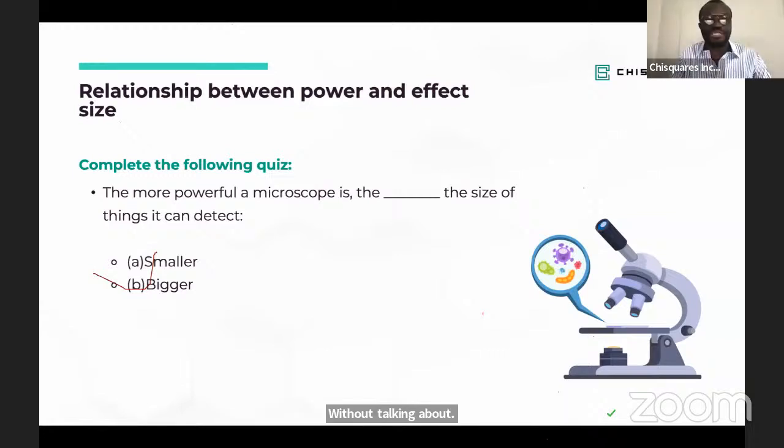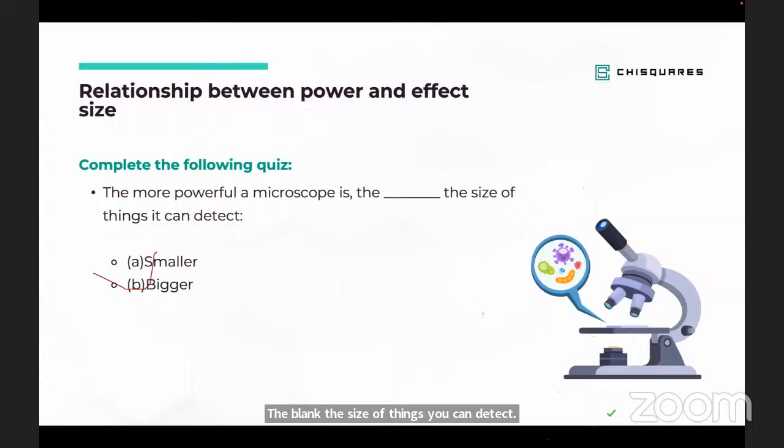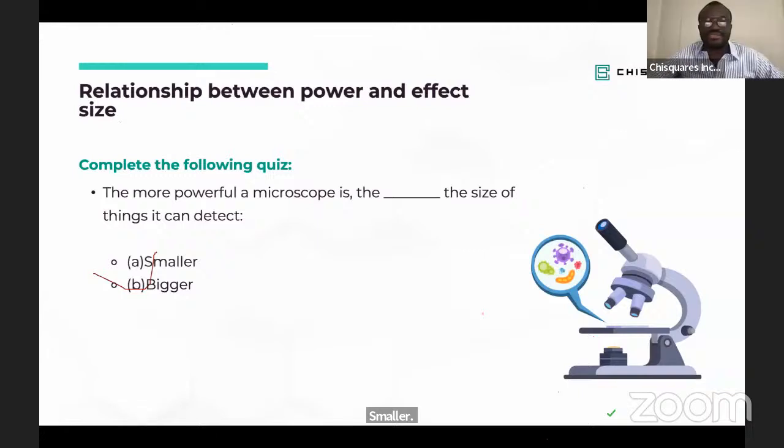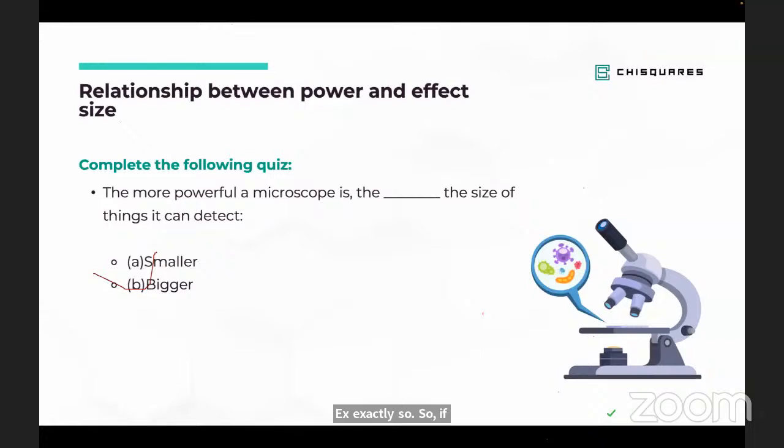So here is a pop quiz for you. Let's see the relationship between effect size and power. So the pop quiz is, the more powerful a microscope is, the blank the size of things it can detect. What is blank? Smaller. Right, exactly.